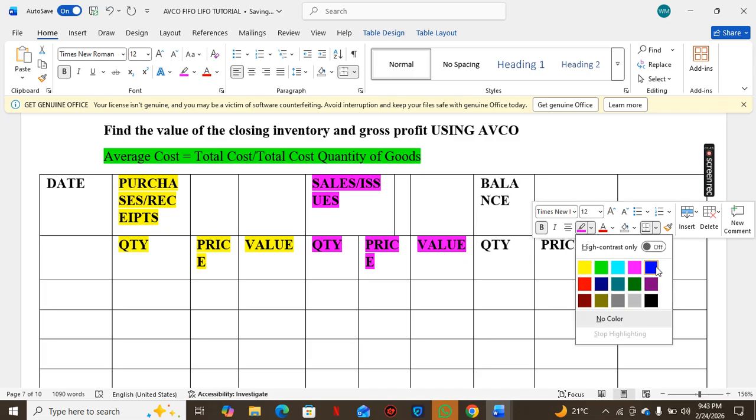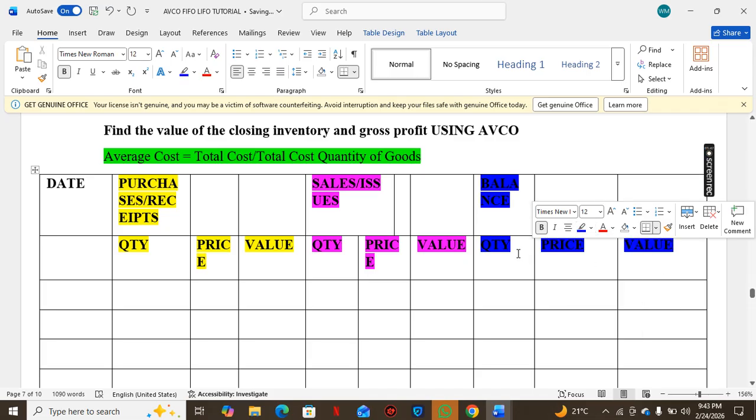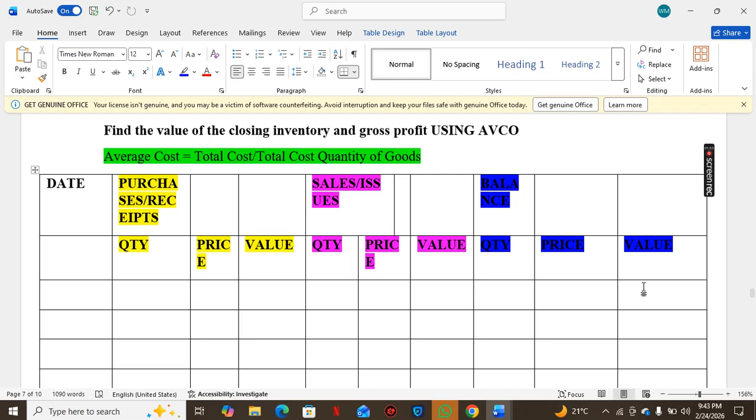Each column has got price, quantity, and value. Sometimes if they say make a stores ledger, this is what they mean. Colleagues, if you hear the word stores ledger, this is what they mean.